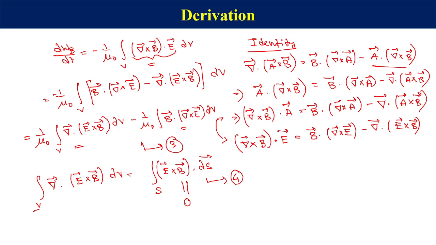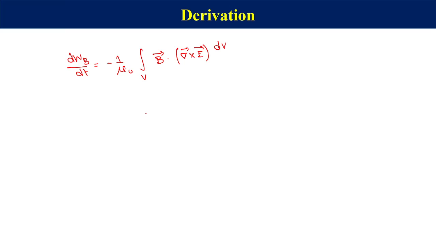And if it is so, then from equation number 3 we remain with only one single term, and that is expressed as dWb upon dt, that's equal to minus 1 upon mu naught times the volume integral, by the way, of B dot del cross E dV. Now once again we have to apply another law, that is the differential form of Faraday's law.